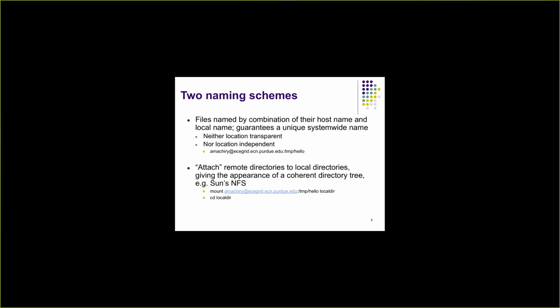Now users can access the local directory, and according to the user, they are accessing local files, but under the hood they would be translated to actual remote procedure calls. Okay? So the second naming scheme is the one that provides transparency. After the initial mount command, all the accesses that we make are location transparent.